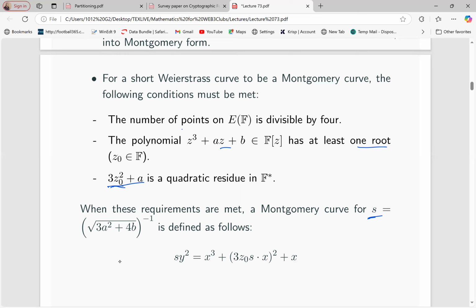Our Weierstrass form was y squared equals x cubed plus ax plus b. Our S, therefore, is the square root of 3 multiplied by a squared, then plus 4b, this b.